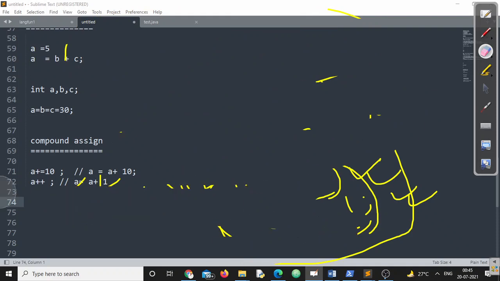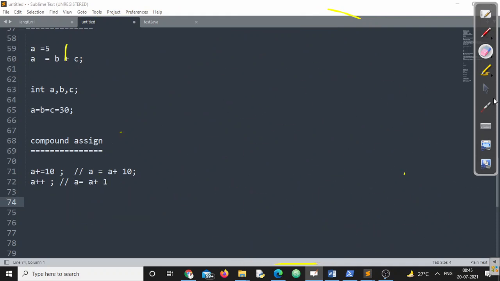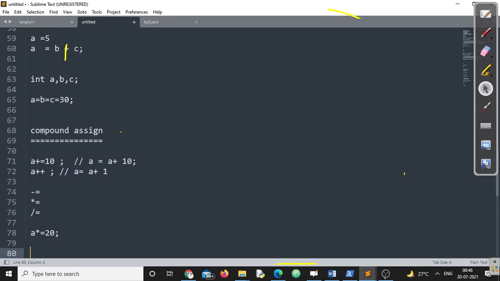Make sure you understand this point. That is the only difference. Similarly, we have a lot of assignment operators like minus equals to, multiplication equals to, division equals to. Like that, we have a lot of compound assignment operators. If I am writing a multiplication equals to 20, what this will basically do is a equals to a into 20. Remember, it is also typecasting. If it requires typecasting, it is definitely done with typecasting.